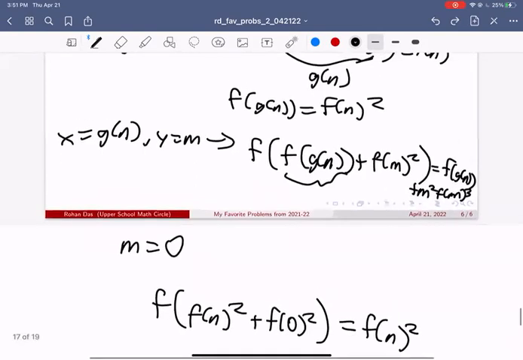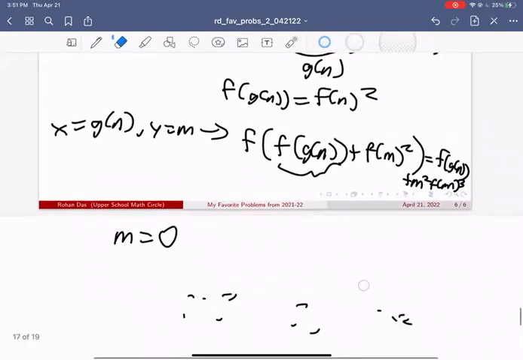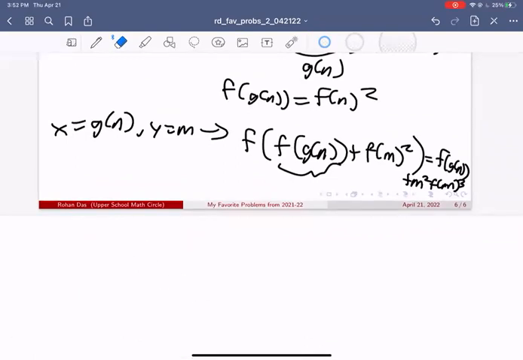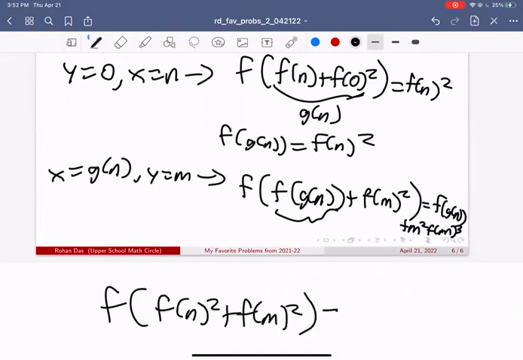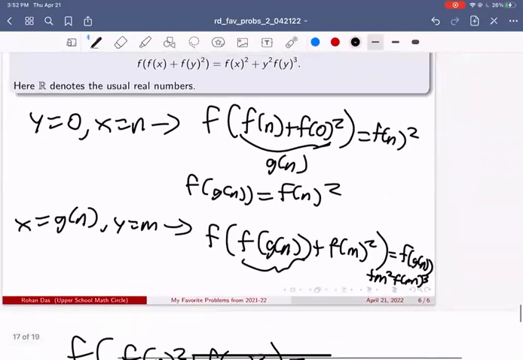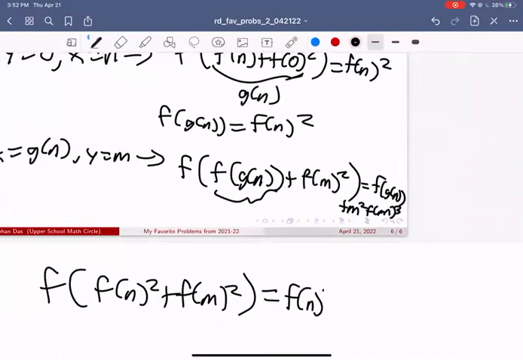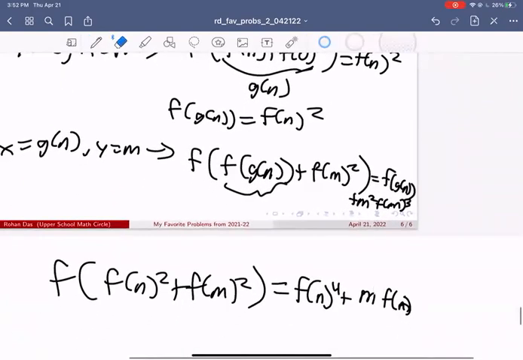Okay, something seems wrong here, so I'm going to look at the previous step again. I'm going to rewrite it a bit larger. So we have that f of n squared plus f of m squared is equal to f of n to the 4 plus m squared f of n cubed.